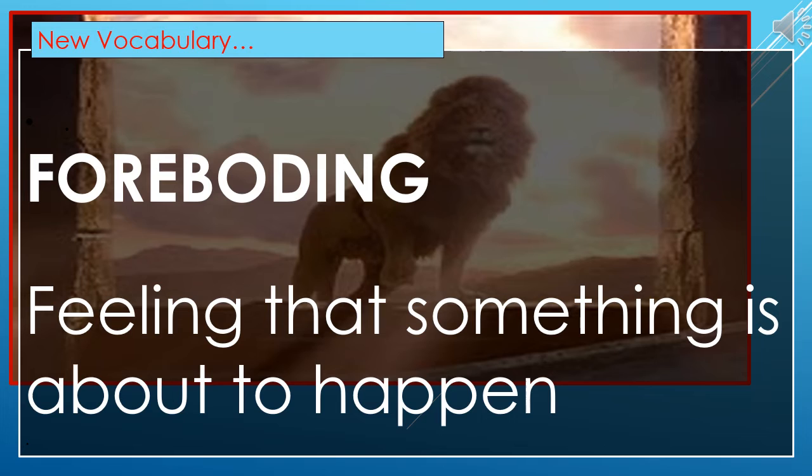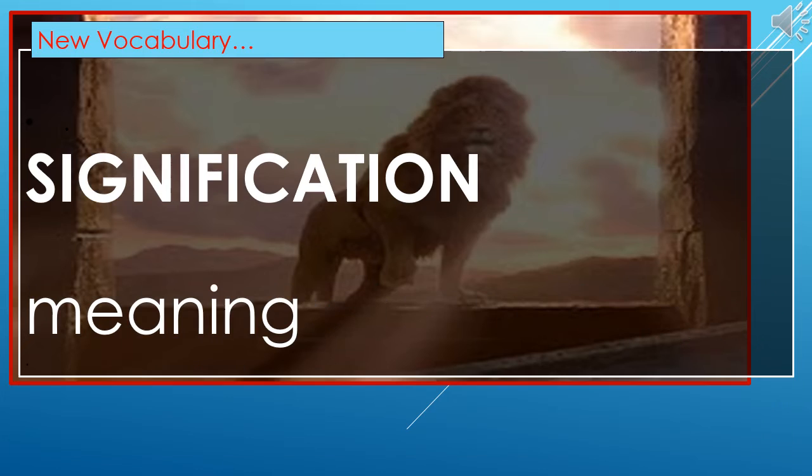A foreboding is a feeling that something is about to happen. You're probably kind of scared if there's a foreboding, or you're nervous. You just have this weird, strange feeling. Something's going to happen here. Signification is a synonym for meaning. What is the signification of this event?